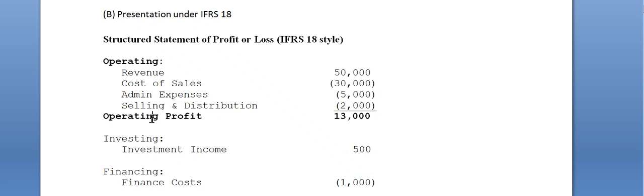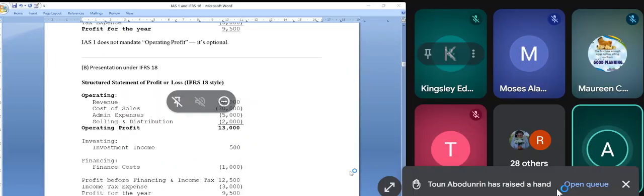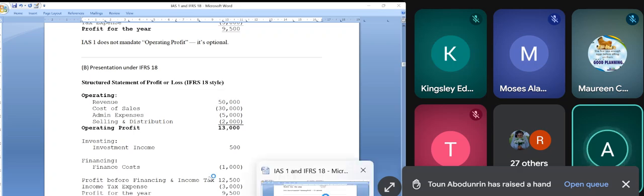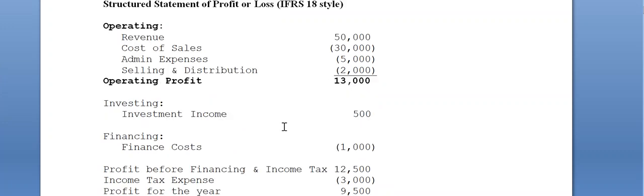You understand now? And that is how to go about all of these. So you have your operating profit. Then afterward, you now have what we call the investing activity, or the investing item as it were. Like in IAS 1, we say this investing income will be what?